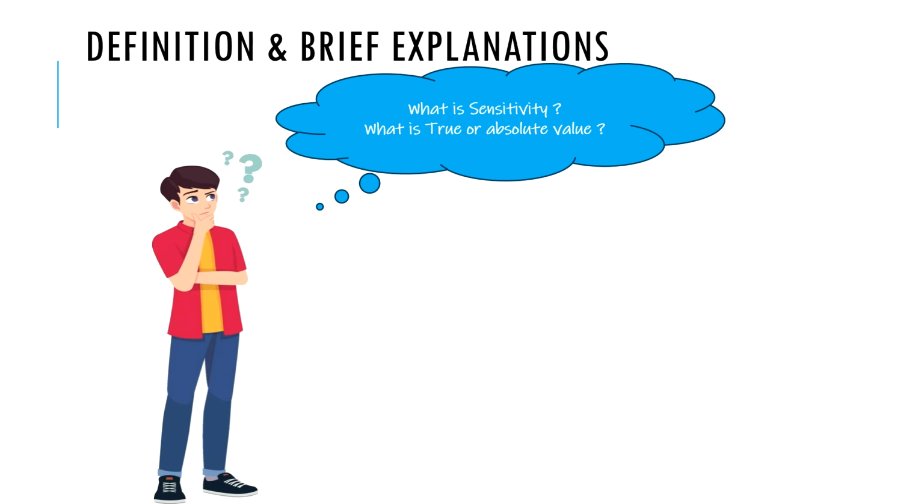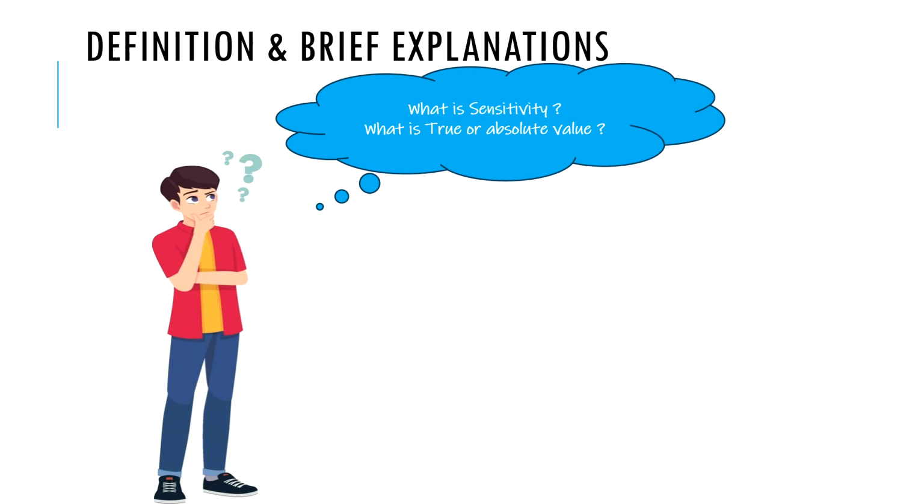Next, we have true or absolute value. The true value represents the actual magnitude of the quantity being measured. However, in practical measurement, it is usually impossible to determine the true value with complete certainty.